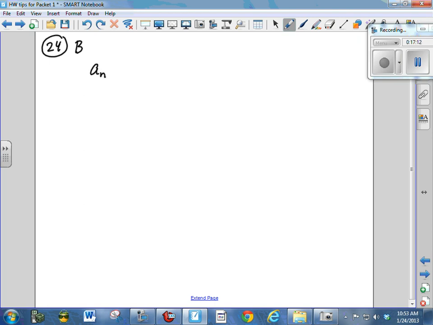The terms are the a sub n's: 1/2, 1/3, 1/4, 1/5, 1/6. Then you number them n, so n equals 1, 2, 3, 4, 5. Notice then I want to know what is it if n is just n? What if I don't know what n is? How would I write a formula?